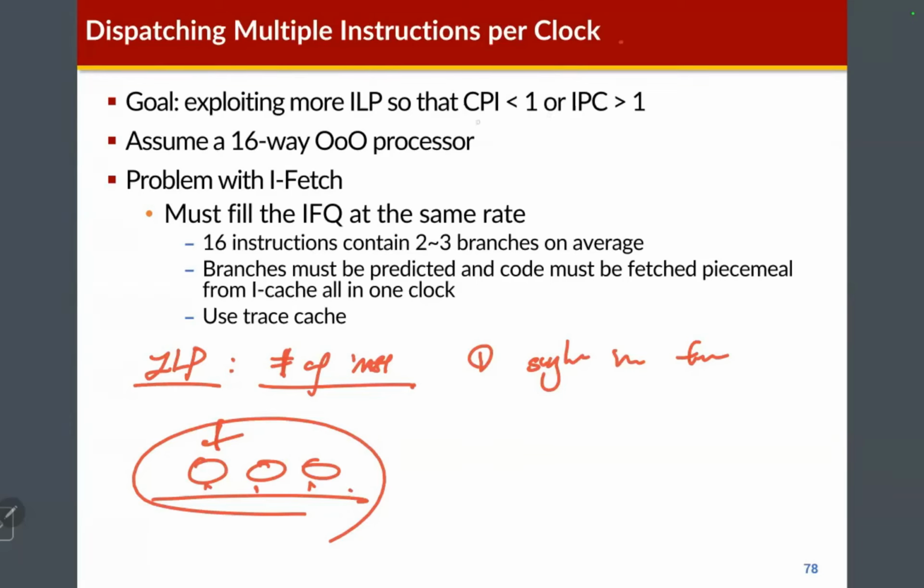In a superscalar processor, the processor fetches multiple instructions. For example, if we use a 16-way out of order processor, this processor can fetch 16 instructions per clock, and then these fetched instructions are included in the instruction fetch queue.